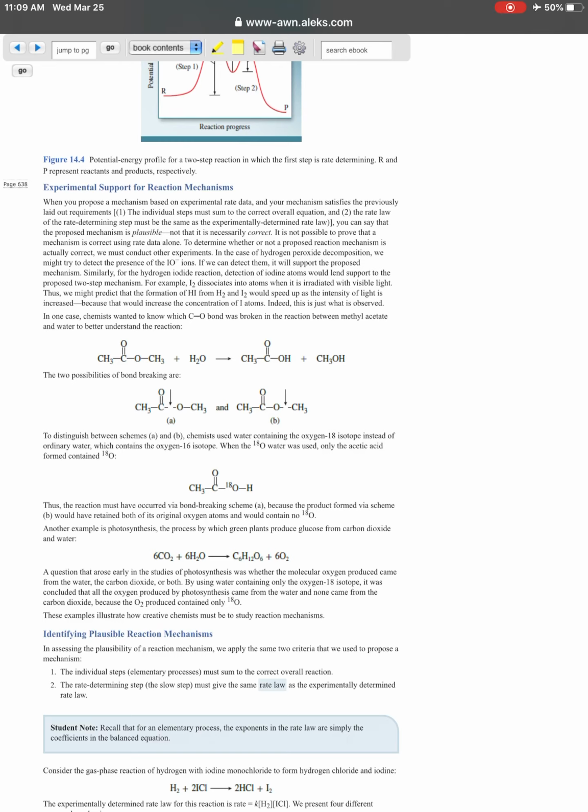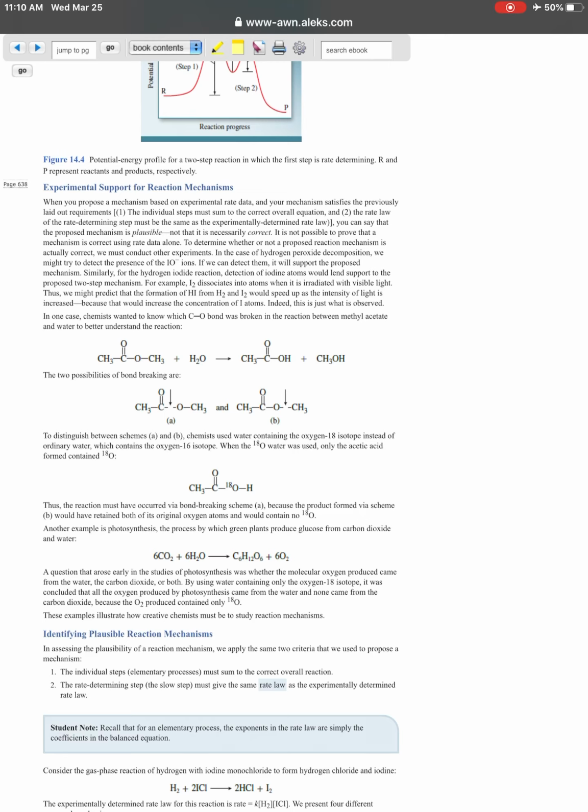In one case, chemists wanted to know which CO bond is broken in the reaction between methyl acetate and water to better understand the reaction. There are two possibilities of bond breaking. First, the H2O is reacting with the CH3COOCH3, and what happens is the CH3 is broken off.